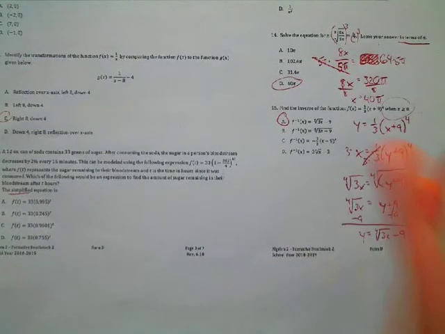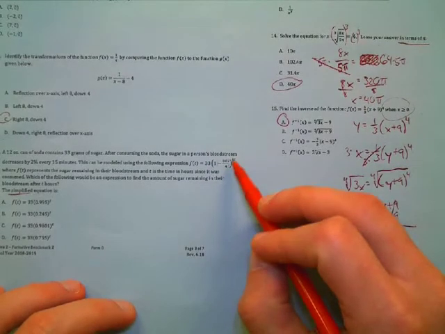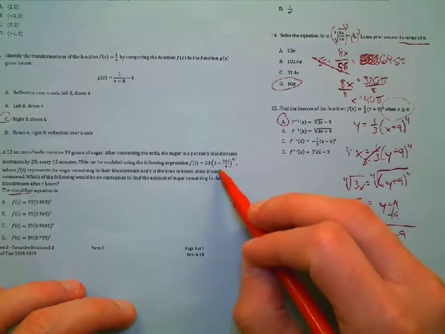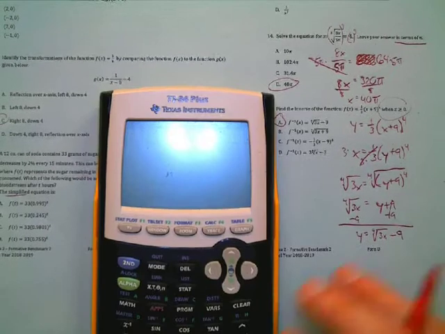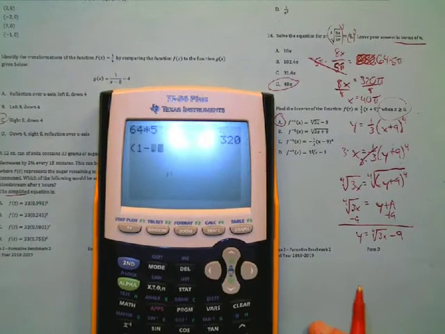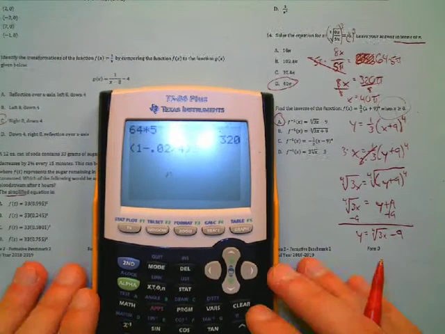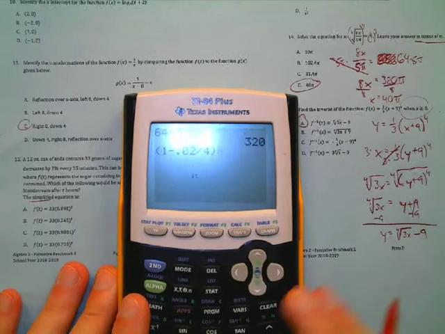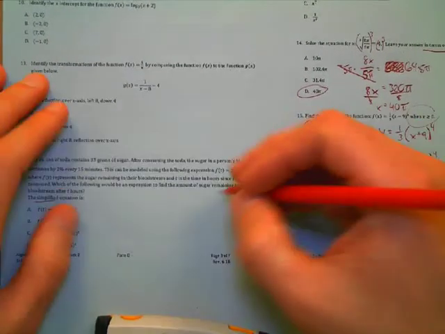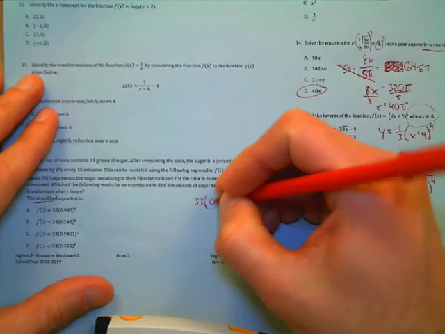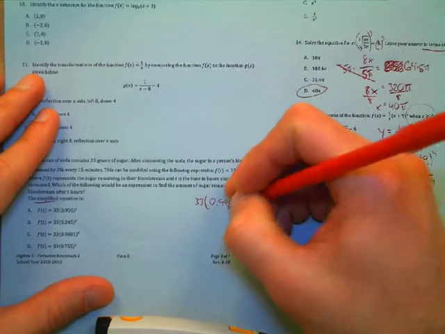Parentheses. We have parentheses, and so let's simplify what's in the parentheses first. We have 1 minus 0.02 divided by 4. So in my calculator, I'm just going to type in 1 minus 0.02 divided by 4. Whoops, that is way zoomed in. There we go. 1 minus 0.02 divided by 4 equals 0.995. So now I have 33 times 0.995 to the 4t.